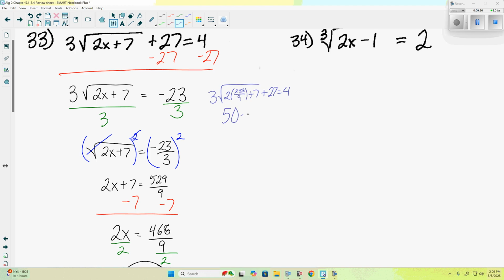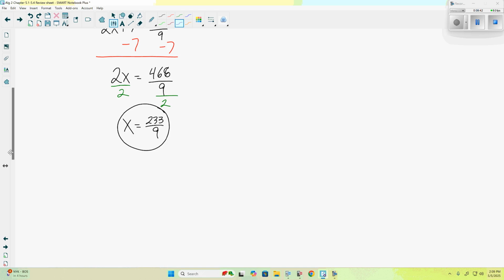So that's telling us 50 is not equal to 4, so 233 over 9 is an extraneous solution. That does not work. So do we have any other solution besides this one? No, so this is no solution.